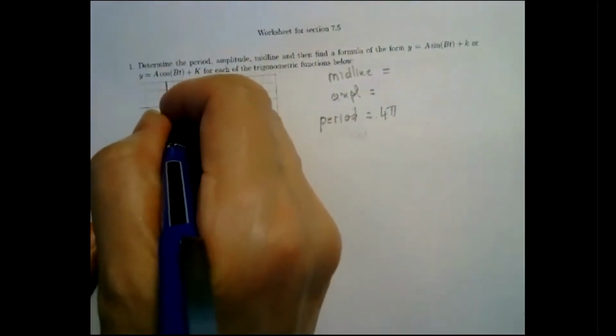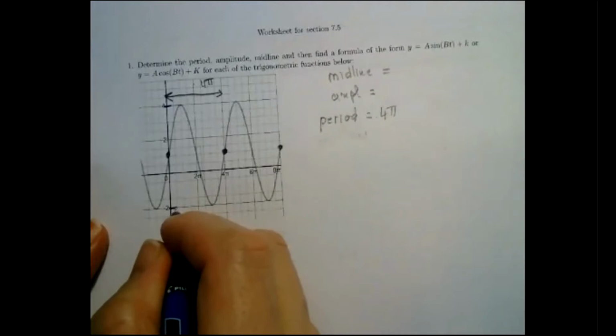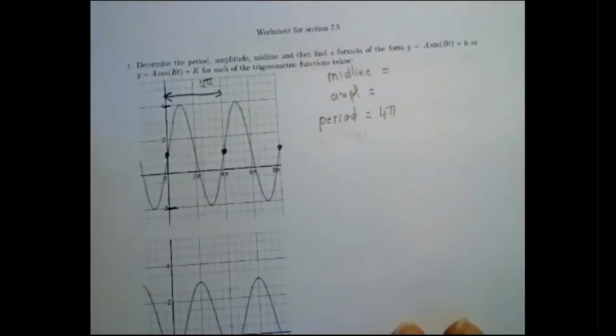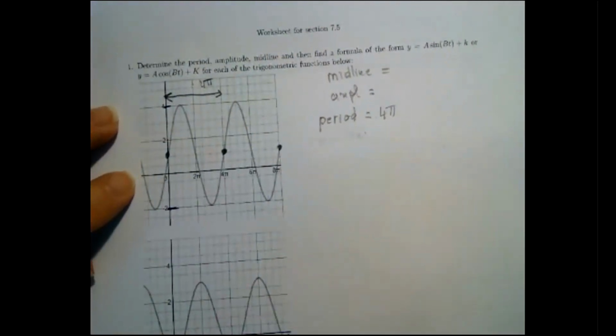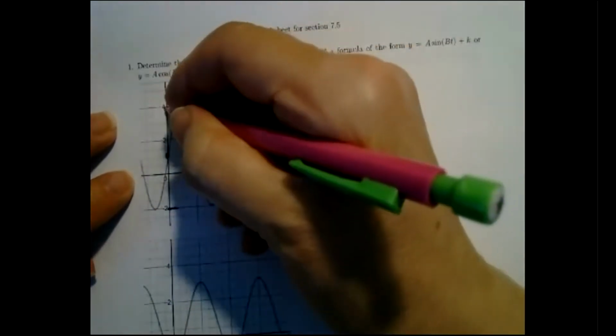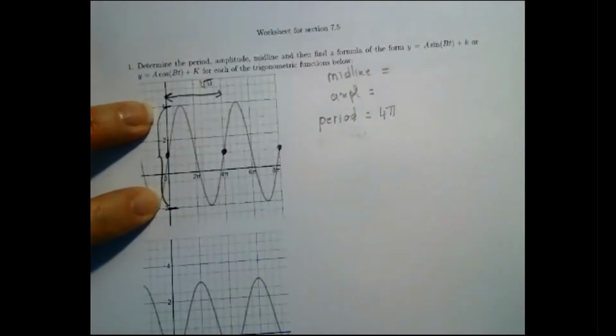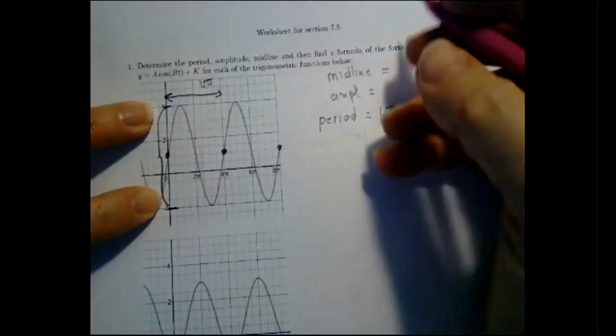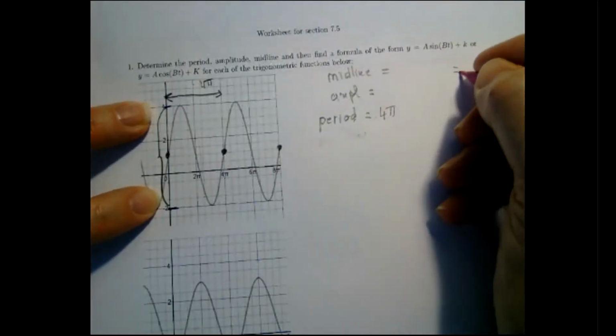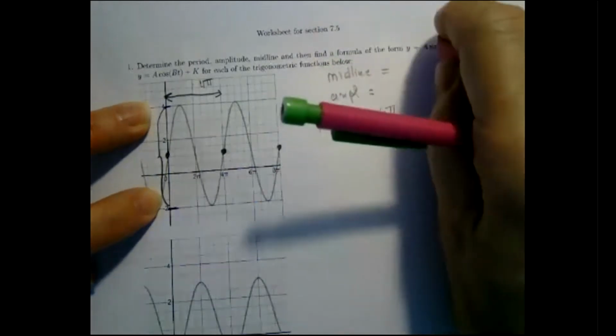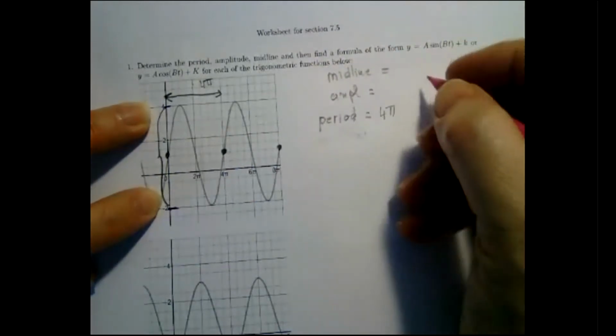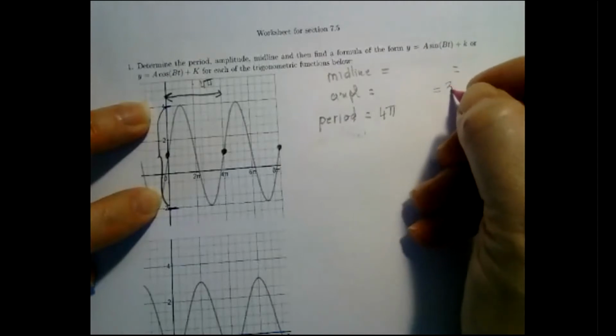So the max is 4, and the min is -2. So as I said, you can use the formula or you can look at it. From 4 to -2, I have a 6. So my amplitude should be halfway. So my amplitude should be equal to 3.